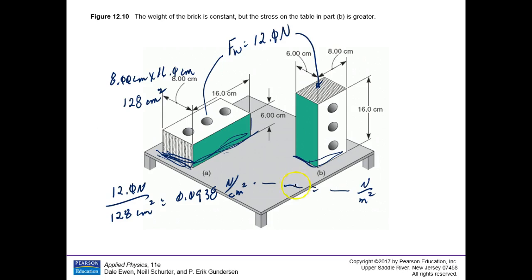So let's just put that: meters on the bottom, centimeters on top. Now, before we go any further, we're not going to square them yet. How many centimeters in a meter or how many meters in a centimeter? Does anyone know? Oh, we should know that. How many cents in a dollar?